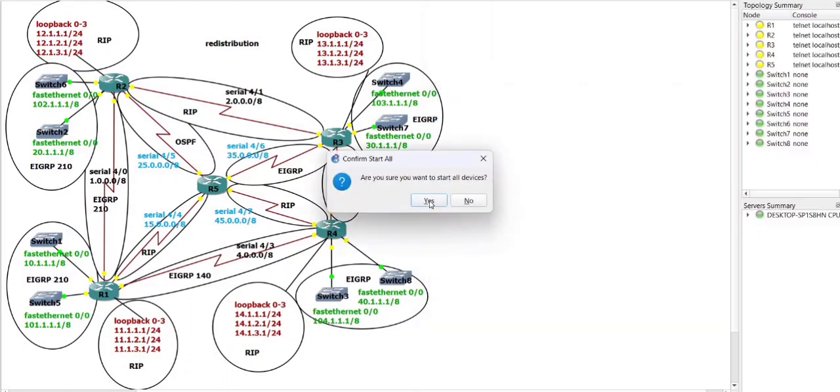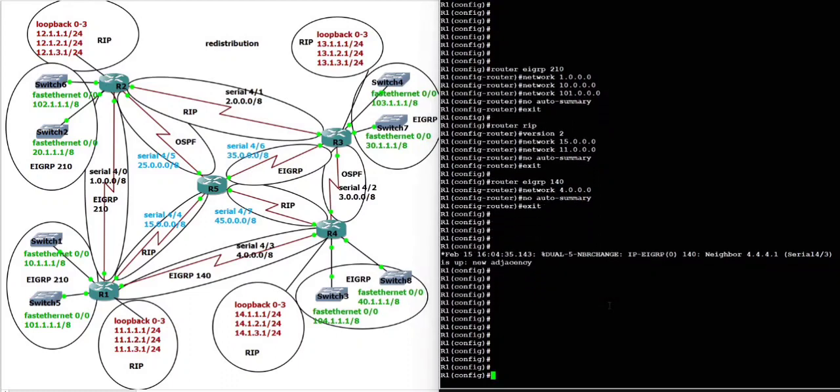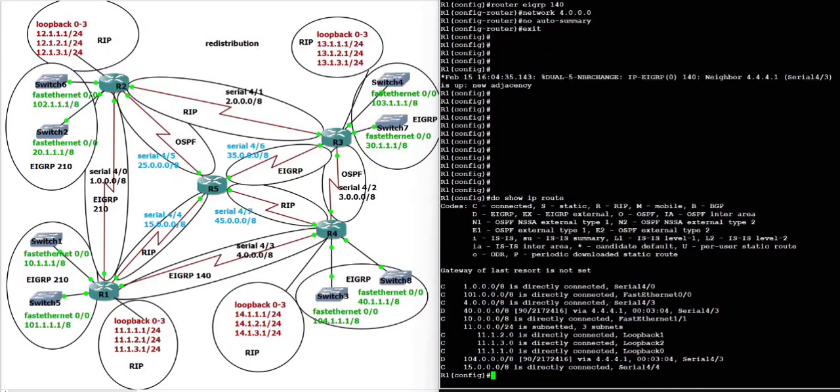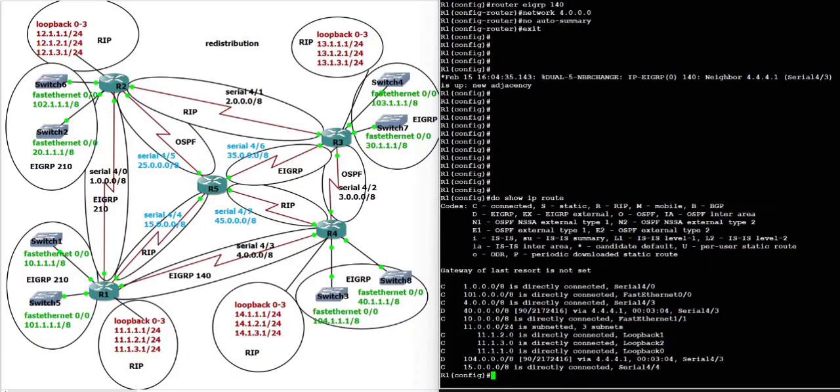Okay, you show IP route. On router 1, here we have these routes. Some of them are directly connected routes.